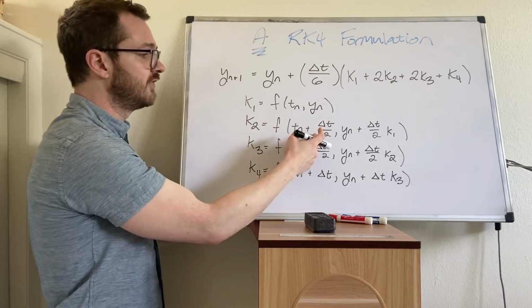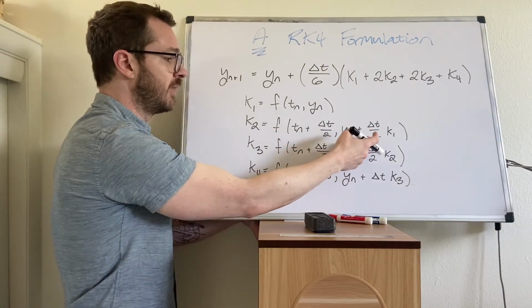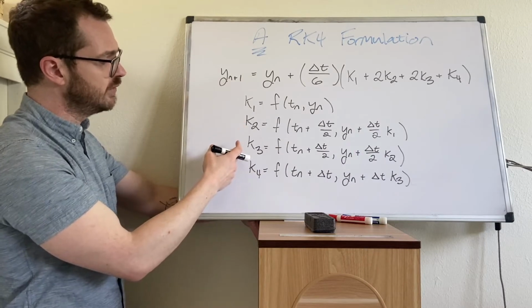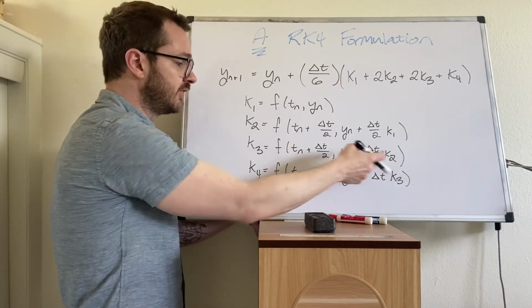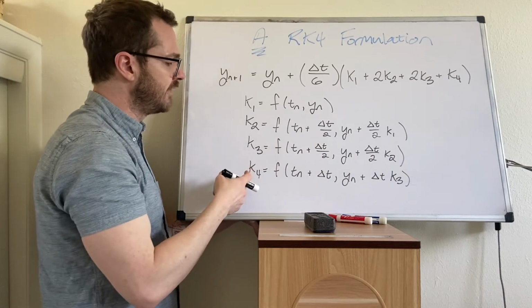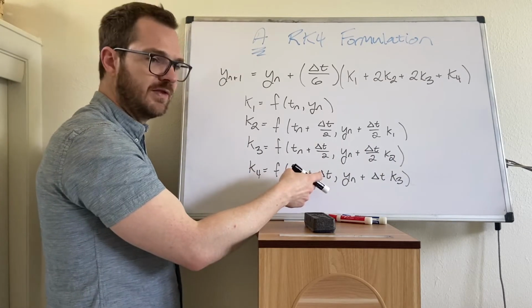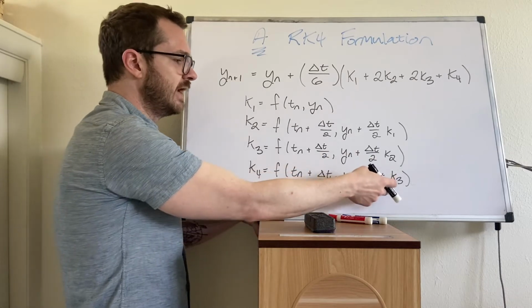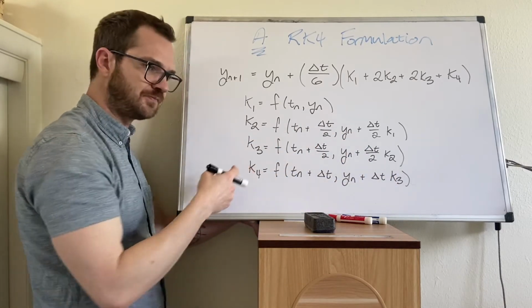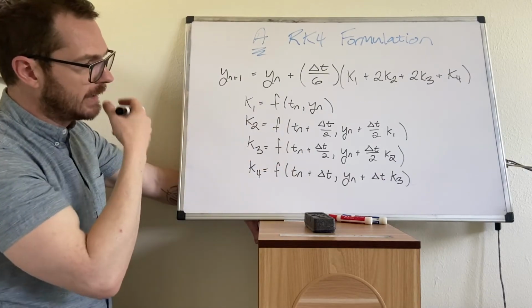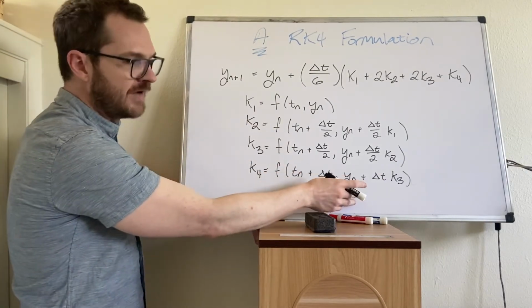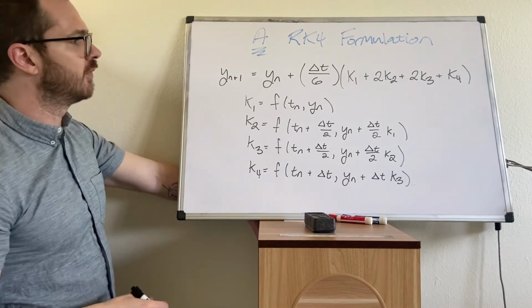We're taking the time step divided by 2, we use the K3, again, time step over 2, and we use K2 to calculate K3, and then for K4, we're taking the full time step, so plus delta t, and we're going to use the K3 to evaluate K4. And we can see in this formulation that a lot of the beta values actually ended up going to 0.